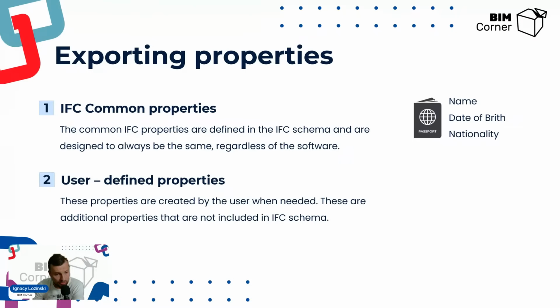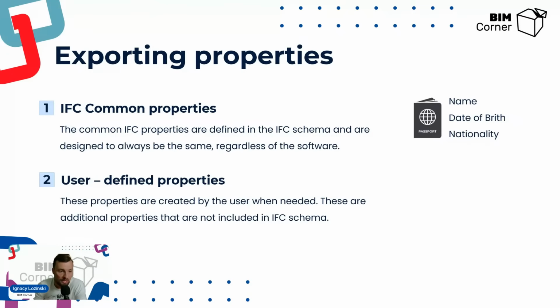The second category is user-defined properties, and these are custom properties created by users, which are required, for example, by a project. They can be added on top of the common ones, for example, for local requirements or asset data.